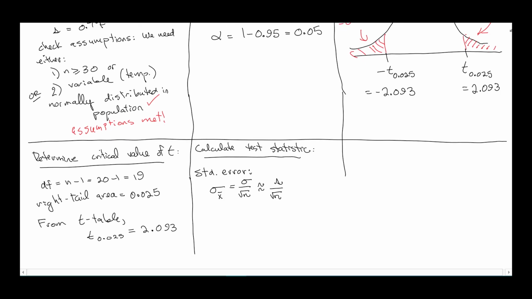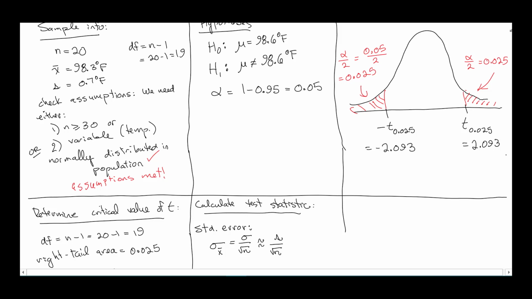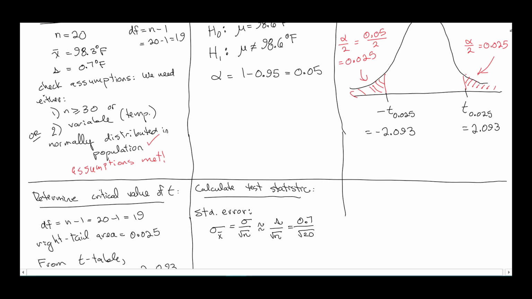Sorry, my computer overreacts once in a while. Okay, so we need what? 0.7 divided by the square root of 20. Notice I'm not using the degrees of freedom there. I'm using the n.